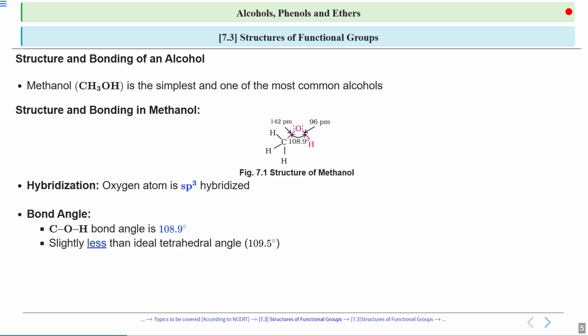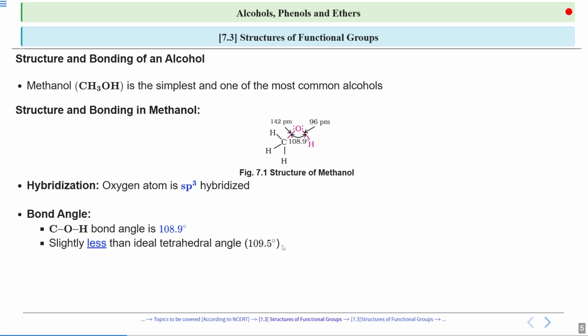So hybridization of oxygen atom is sp3, and as per the hybridization, the structure should be tetrahedral, right? But the bond angle of COH, which is 108.9 degrees, is slightly lesser than the ideal tetrahedral angle, which is 109.5 degrees.